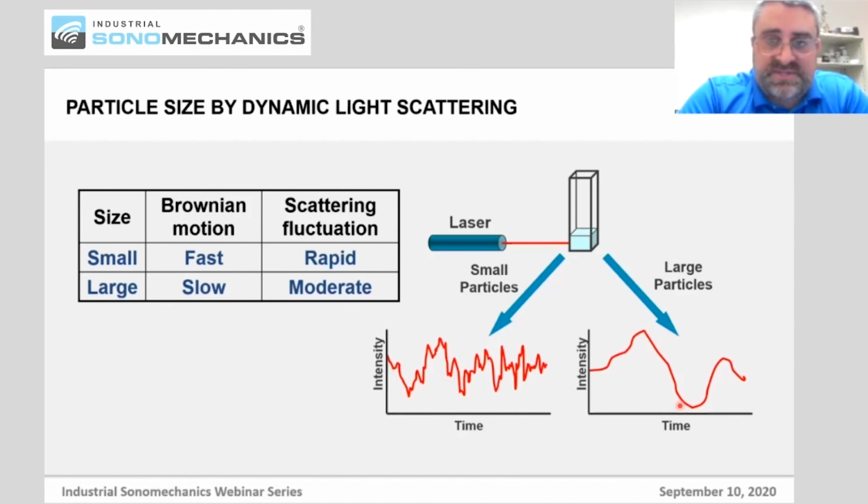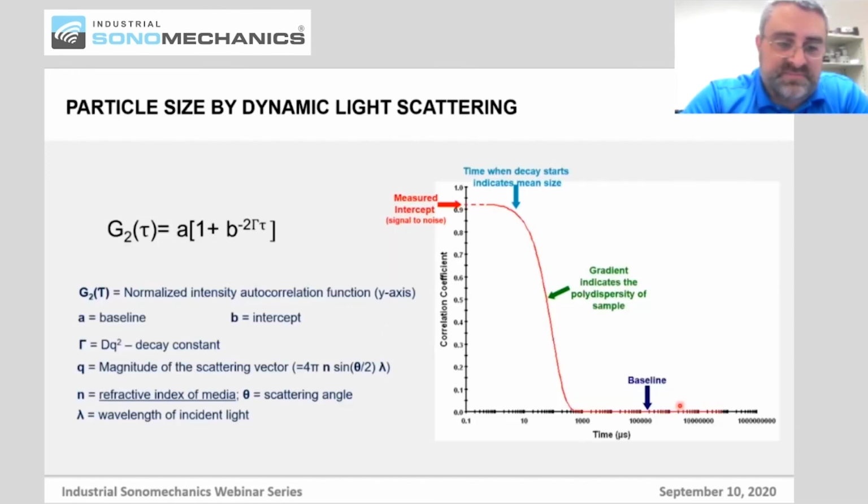We put all that together into the autocorrelation function, where we overlay the scattering fluctuation data at different time periods and look for a decay curve. In this graph, it basically starts to decay. The y-intercept here is the b in this calculation.